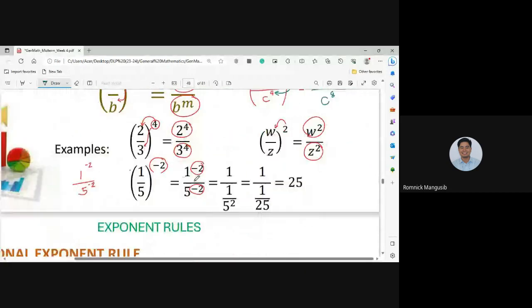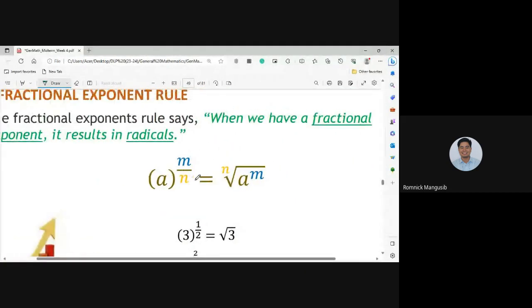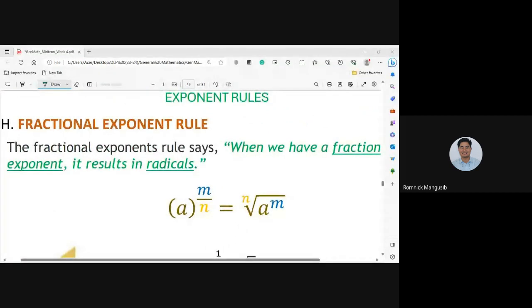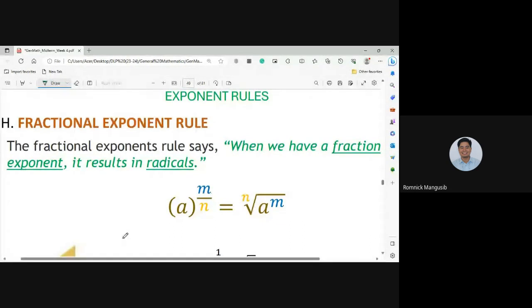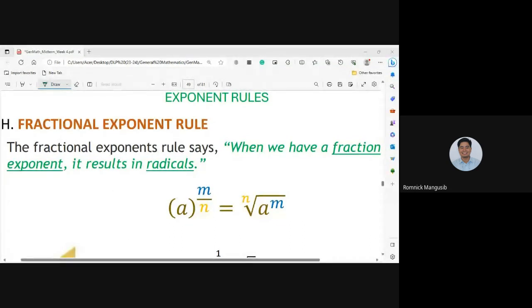Let's see what the next rule is: the fractional exponent rule. But don't worry, class, because all those rules we will apply later when we solve equations. The negative exponent rule and the fractional exponent rule are often forgotten.